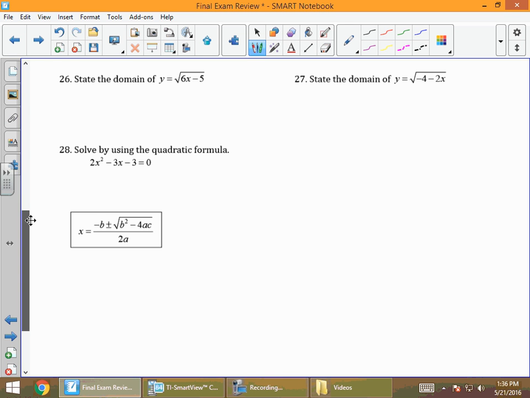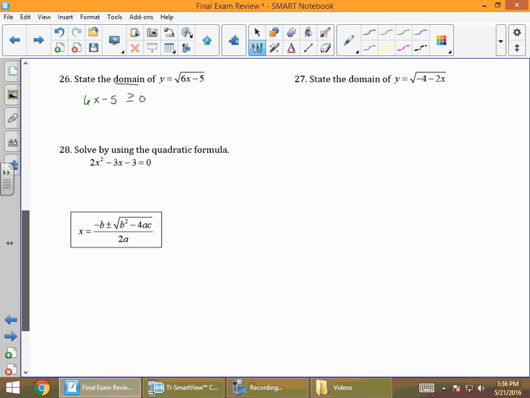So as I look at finding the domain, we're talking about the real number system. We know that in the real number system anything inside the square root has to be greater than or equal to 0. So to find the domain, really easy, 6x minus 5, the part inside the radical, has to be greater than or equal to 0.